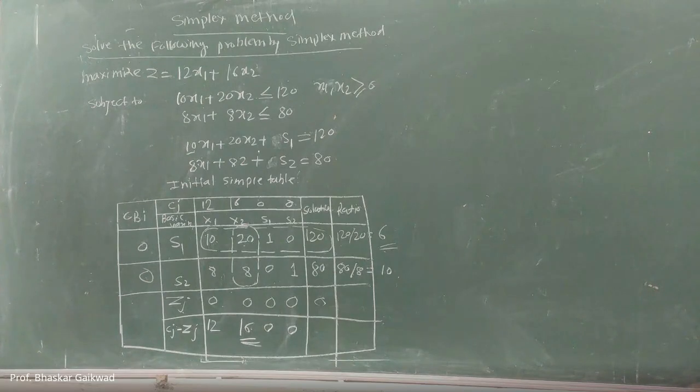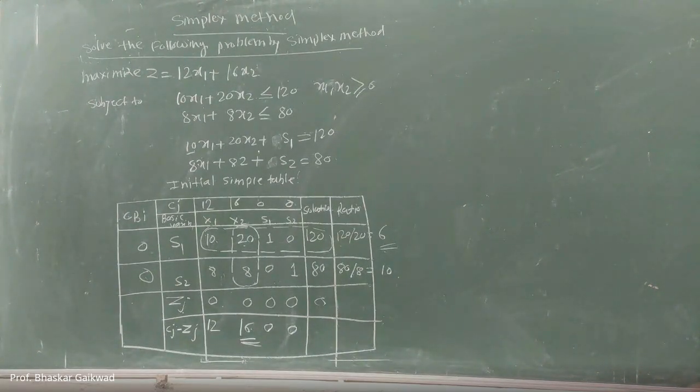So this is your key row and key column. So every time you have to find out the key row and key column.